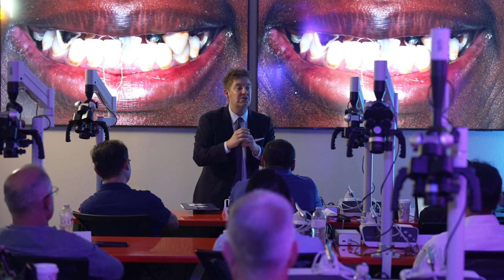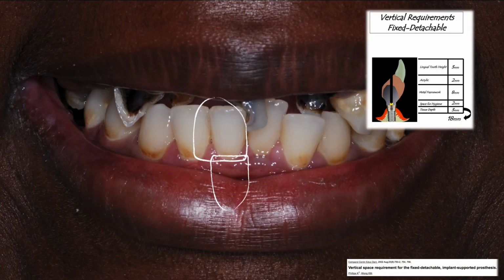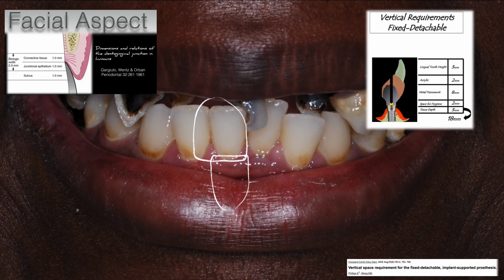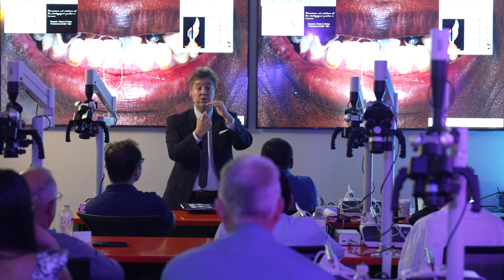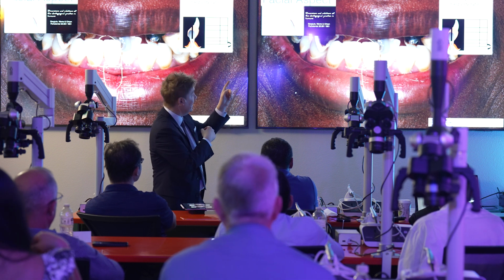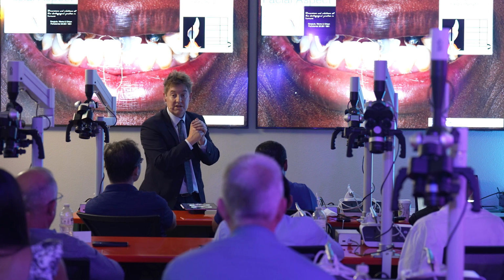And how many millimeters do we need? Minimum, we need 18 millimeters from the incisal edge to the platform of the implants. Where does the facial bone live relative to teeth? So if we look at the facial gingival margin on a tooth, the bone on the facial of that tooth typically lives 3 millimeters below that. So we have a 1 millimeter connective tissue attachment, a 1 millimeter epithelial attachment, and then we have a sulcus.